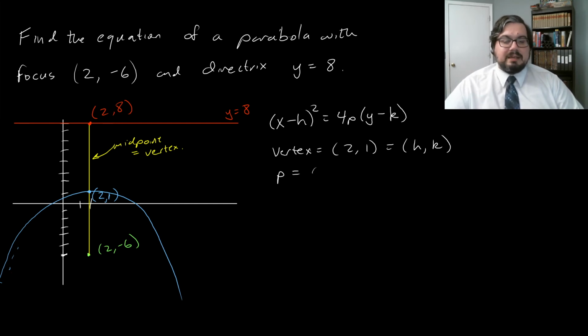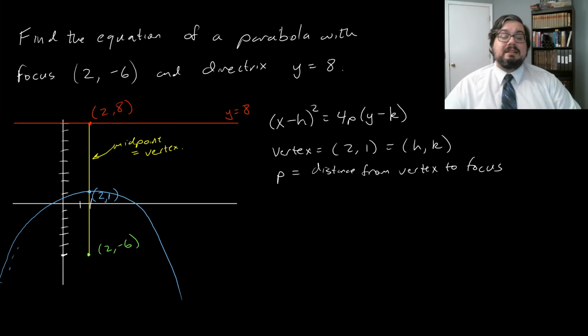And then p is the distance from the vertex to the focus, or equivalently the distance from the vertex to the directrix, or equivalently half the distance from the focus to the directrix. Any one of those ways can help you work it out.